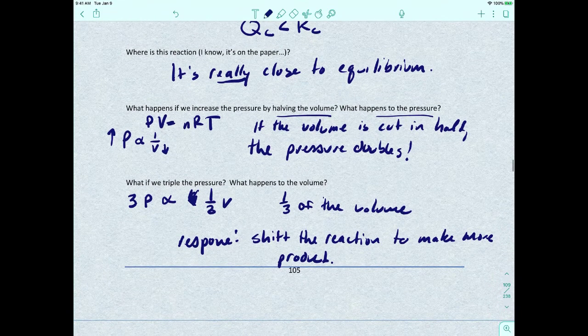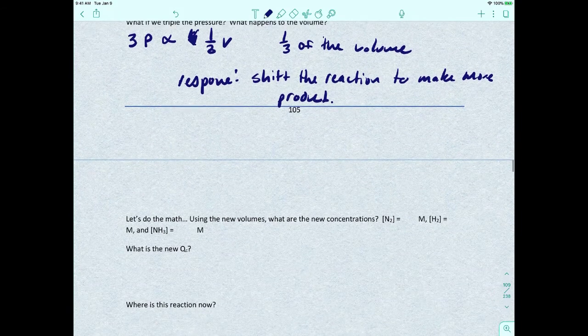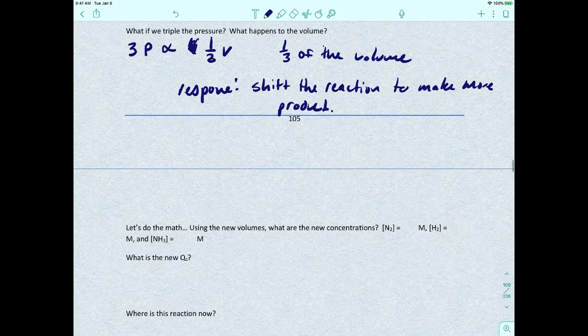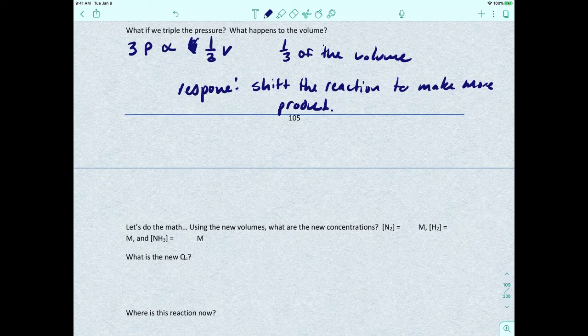Okay. And if we do the math with this, using our new volumes, what are the new concentrations? So those would be, let me put these in. The concentration of N2 would be 1.5. The concentration of H2 would be 9 molar. And then the concentration of NH3 would be 5.94.